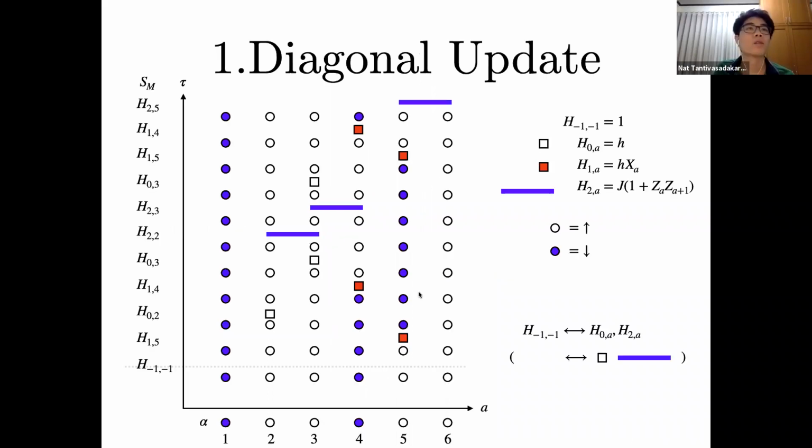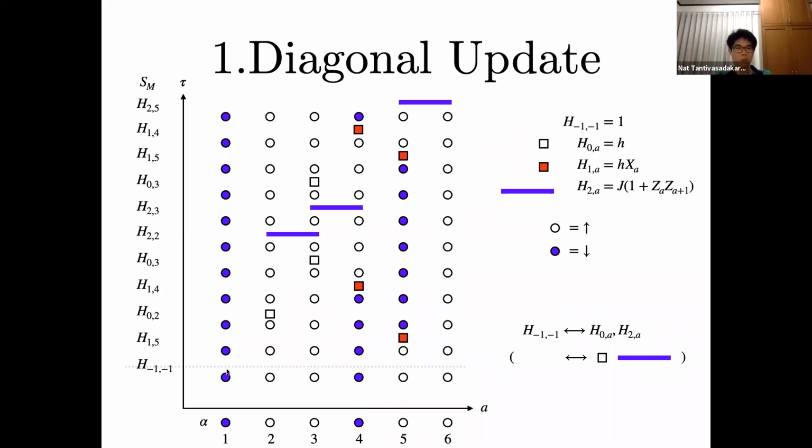So the first is the diagonal update. What I do is go through each operator in my operator string, which is like each time step. For example, in the first layer here, there's no operator inserted. So I could add either H identity or this Ising gate with some probability.